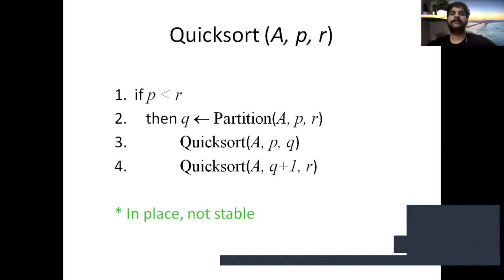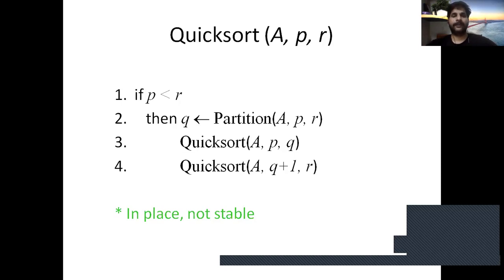Example, partition of quick sort. If the quick sort function is given as quick sort A, p, r, it means quick sort is applied on array A of input size, where p is the first index value of the array and r is the last index value of the array.